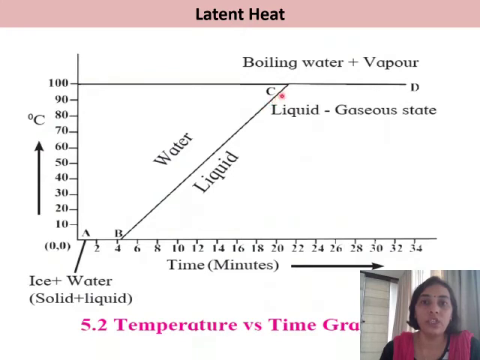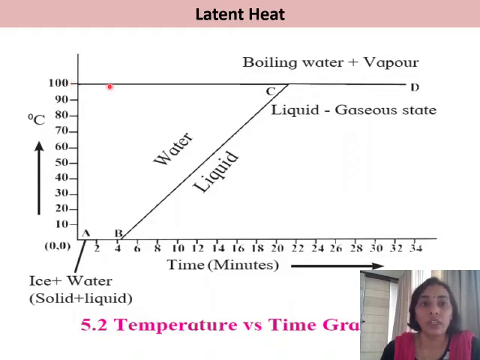And finally, you reach a point that is C. So BC represents a constant rise in temperature. And once you reach this point C, again you get a straight line over here, that is CD. And this point corresponds to a temperature that is 100 degree Celsius, which is the boiling point of water.